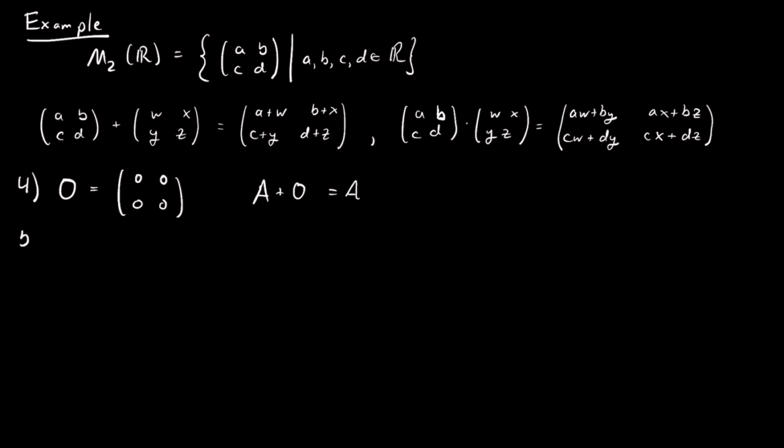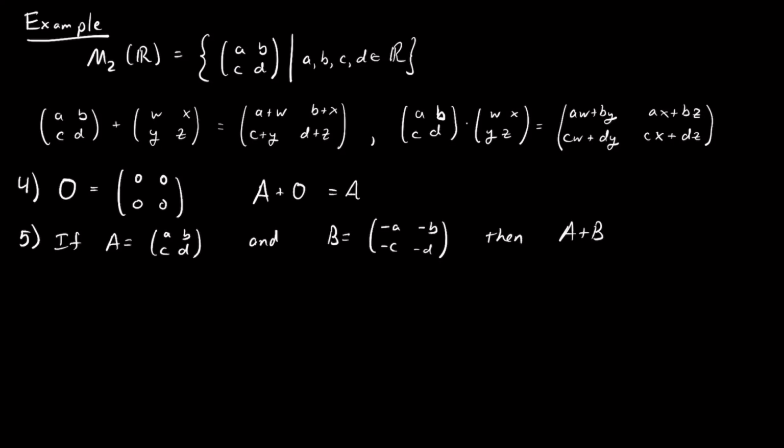I also know that if A is a 2 by 2 matrix, so A is [a, b, c, d], and B is the matrix [negative a, negative b, negative c, negative d], then A plus B is equal to 0. These are all real entries, and their sum is equal to 0. So we have that axiom 5 holds.